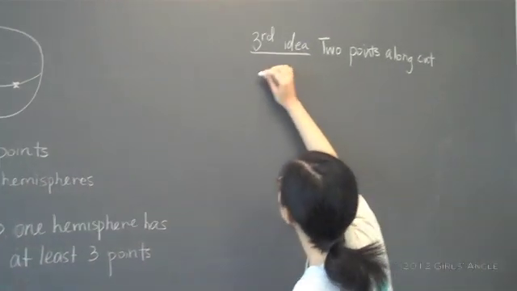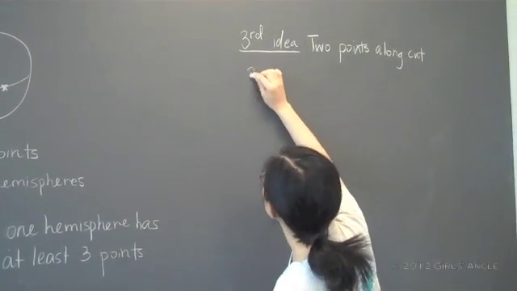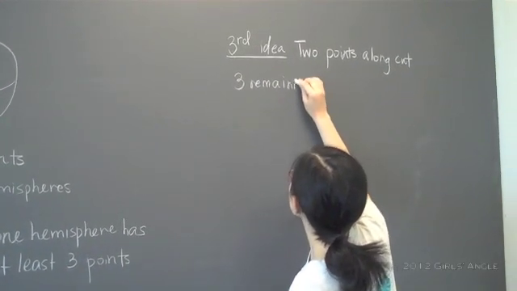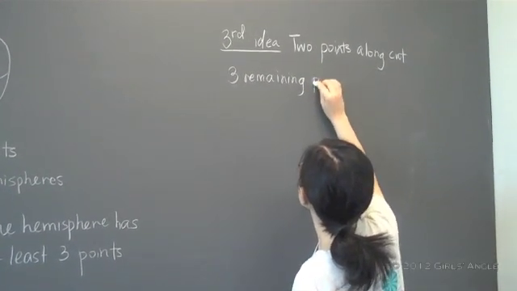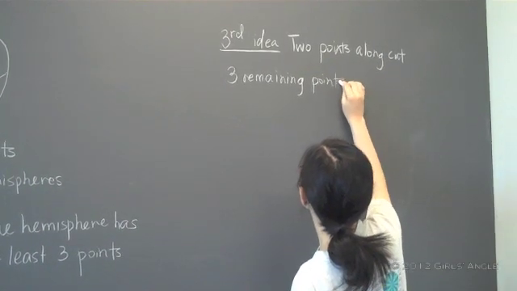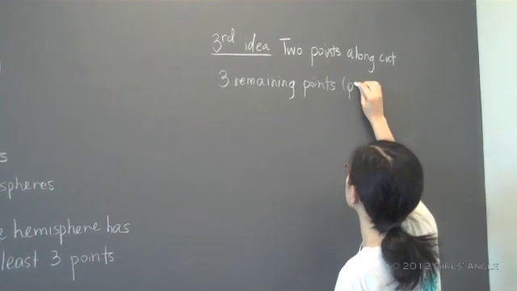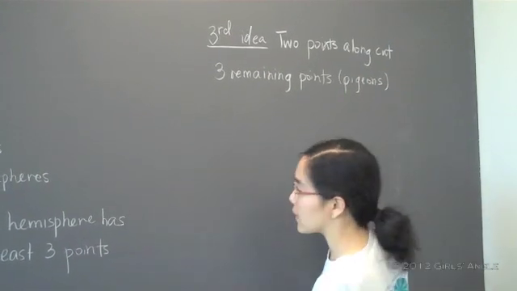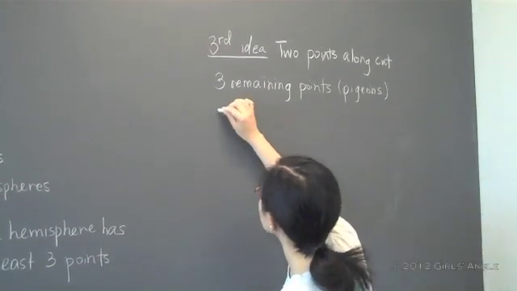And now we have 3 remaining points. Remember, these are our pigeons. And once again, we have 2 pigeonholes, the 2 hemispheres.